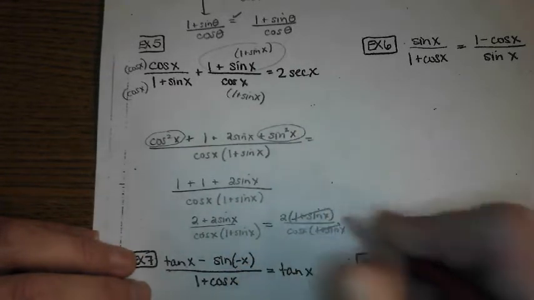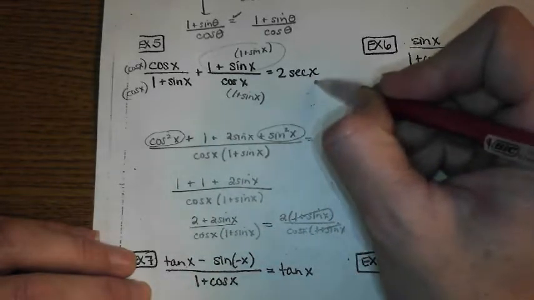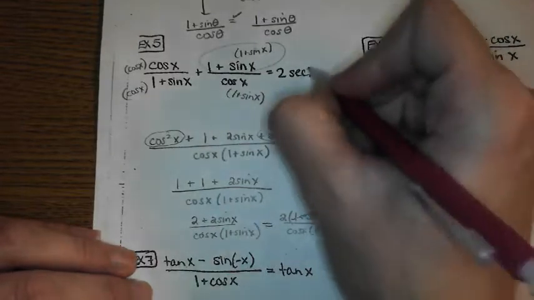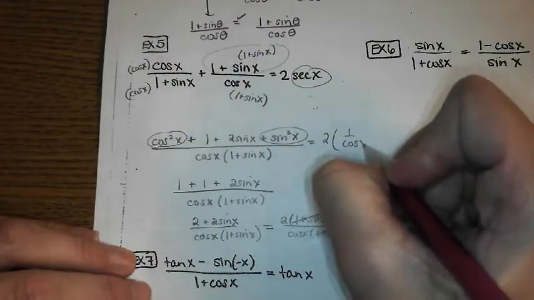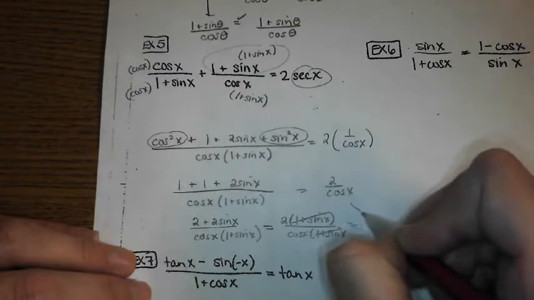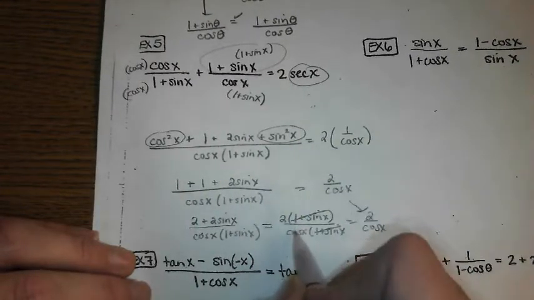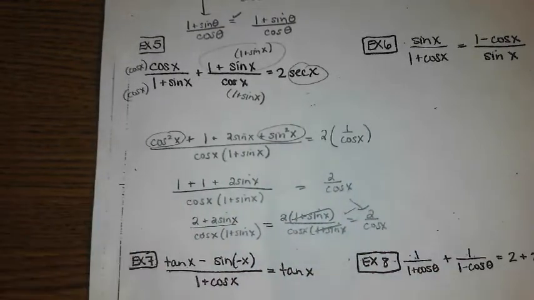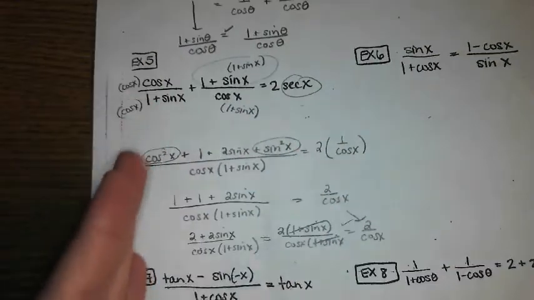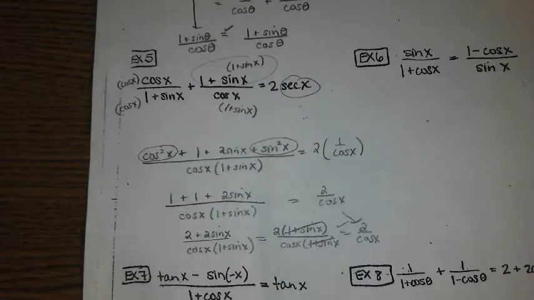The 1 plus sine x will cancel and I get 2 over cosine x, which if you look at the right-hand side, secant is 1 over cosine x, so that becomes 2 over cosine x. And so 2 over cosine x equals 2 over cosine x. It's a little bit sloppy because I ran out of room. You want to do these vertically, keep everything lined up, so you see exactly what the left side does. Unfortunately, I ran out of room, so I had to go a little bit to the right, but I think you get the idea of the proof there.